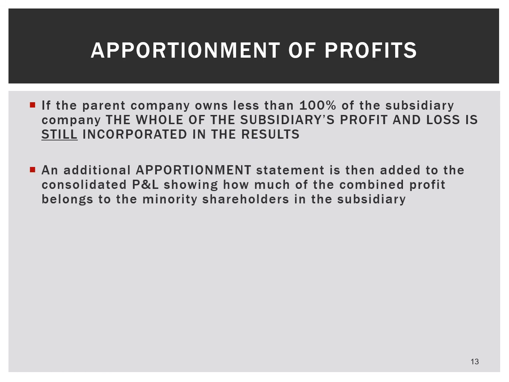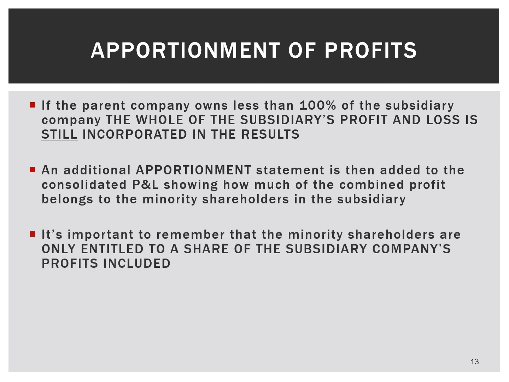But what we then have to do at the end of the profit and loss account after the profit after tax figure is to have a separate apportionment statement showing how those profits are shared out between the group and between the minority shareholders of the subsidiary. And that's the most important thing to remember.